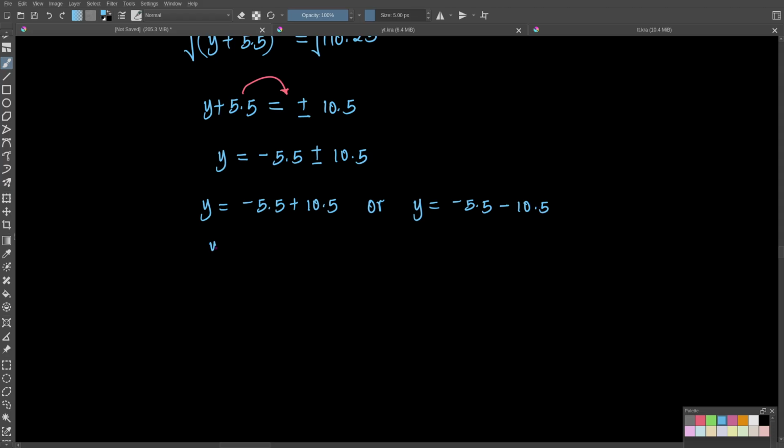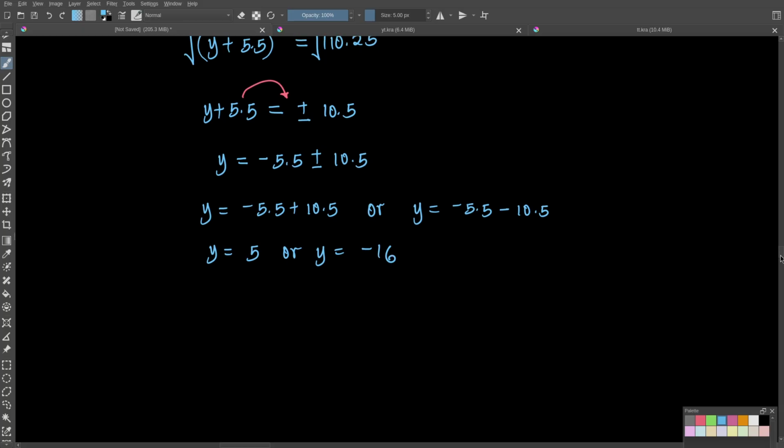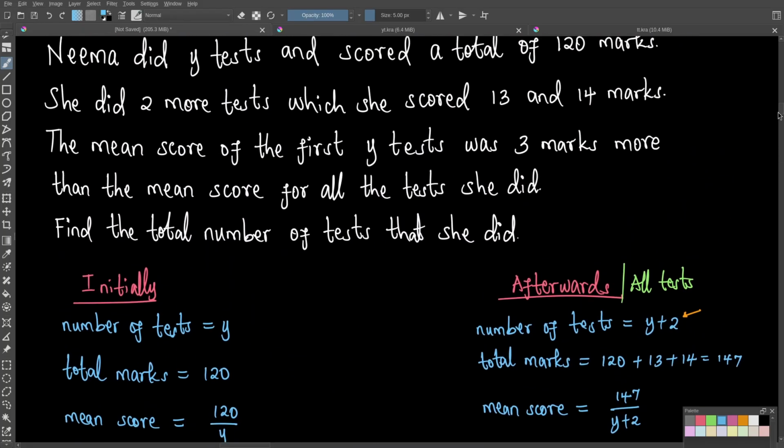So y is equals to, then I'm going to do negative 5.5 plus 10.5. That's going to be 5, or y is equals to, then I will do negative 5.5 minus 10.5, which is negative 16.